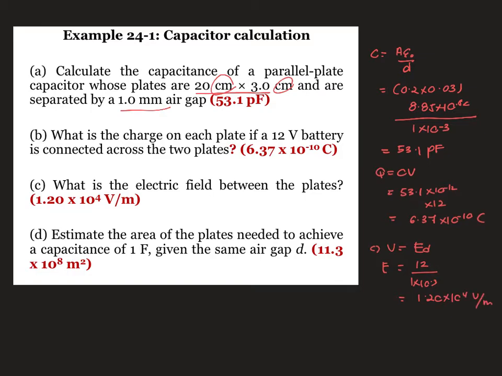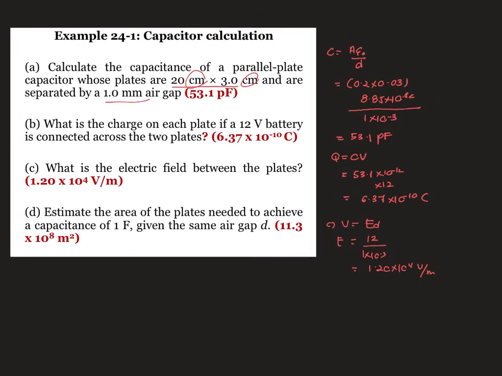And the last one: estimate the area of the plate needed to achieve a capacitance of 1 farad given the same air gap D. I already give you the capacitance, so the question asks you to find the area.